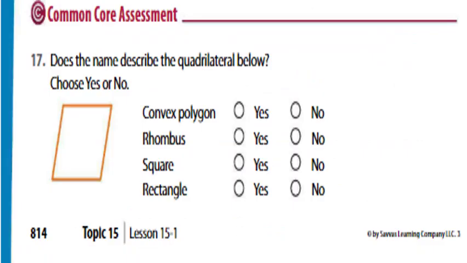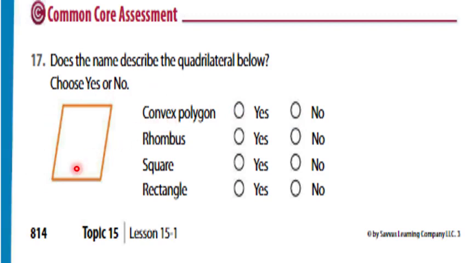Okay, so now you have assessment for today's lesson. Does the name describe the quadrilateral below? Choose yes or no. So you have to look at this quadrilateral and you have to pick yes or no. So the first one is convex polygon.